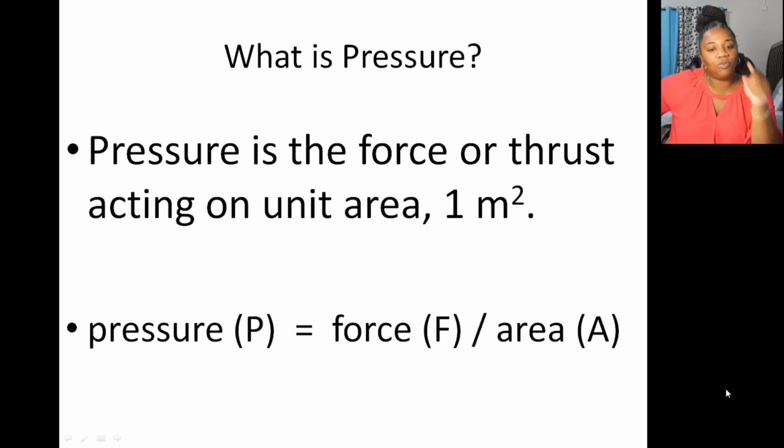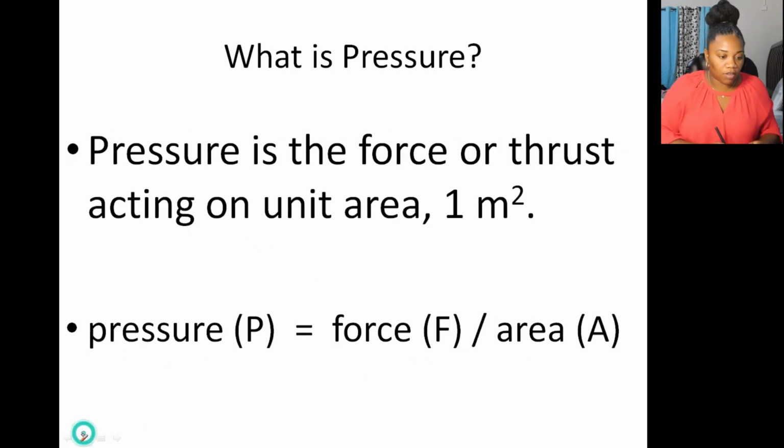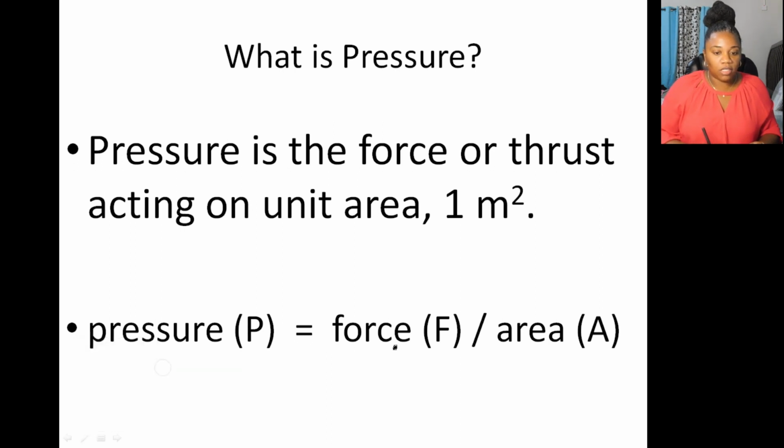So, pressure is force, thrust, acting on unit area. And we say 1 meter squared or 1 square meter. The equation for pressure is force divided by area. So force would have a unit of newtons, and area would have units of meters squared.